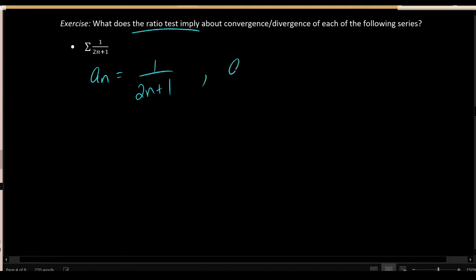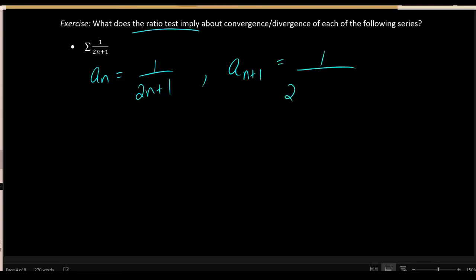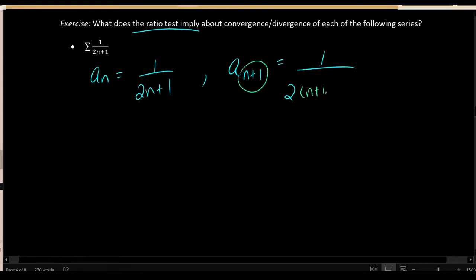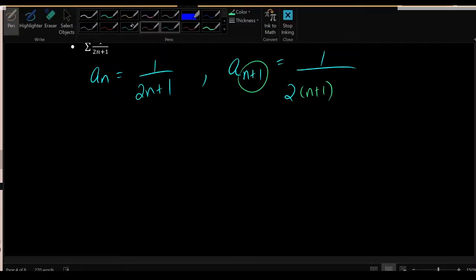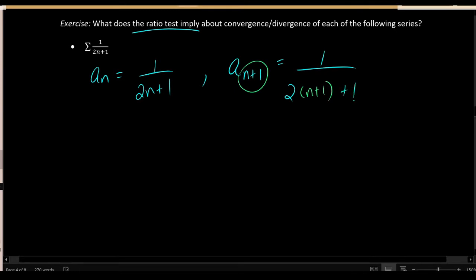What happens if we consider the very next term in the sequence, a sub n plus 1? Then anywhere there was an n, there is now an n plus 1. So not 2n plus 1, but 2(n plus 1) plus 1.